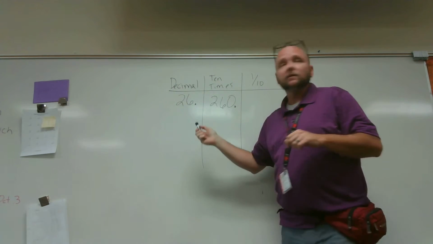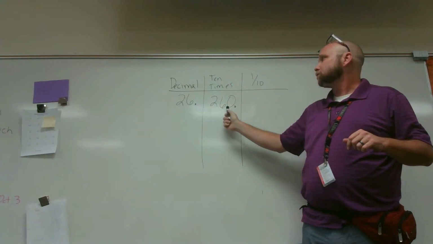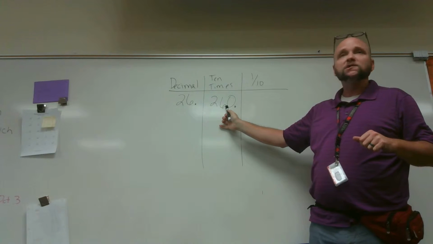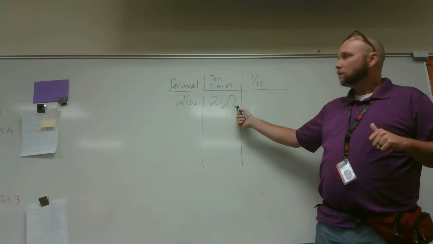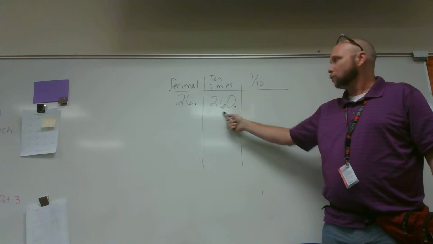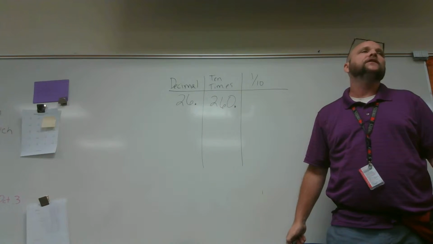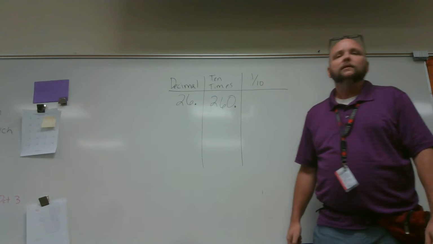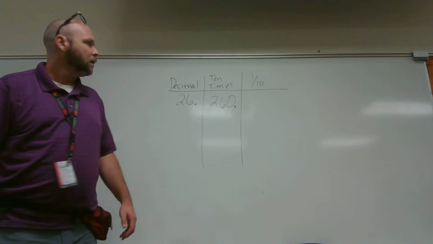What we did is we took our decimal point and moved it to the right one place. It was behind the 6, and I moved it to the right. I had to add a 0 in because you can't just move it over and have a big blank space there. That's just silly.